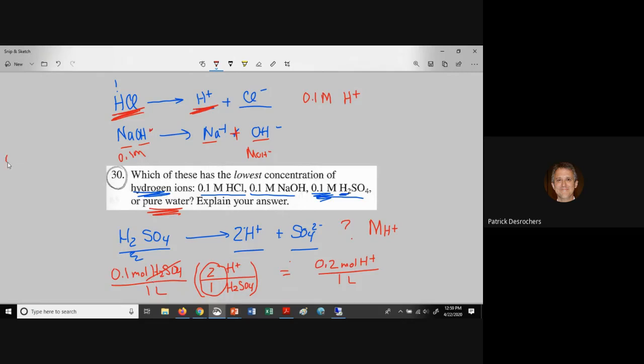We can write 0.1 moles of NaOH per 1 liter, and we can do NaOH on the bottom and hydroxide on the top. And that would be a 1 to 1, right? Yes. So what do you want for a number for hydroxide here? I mean, percent hydroxide would be 0.1.